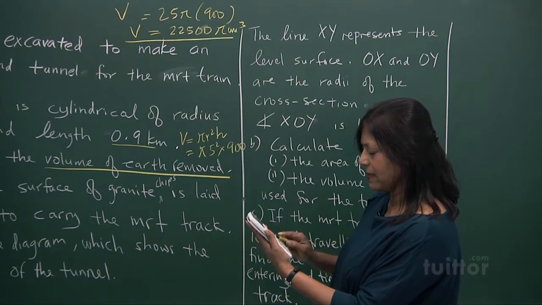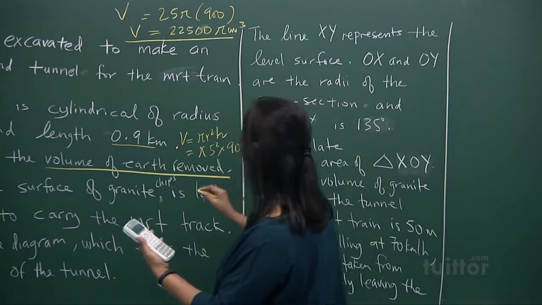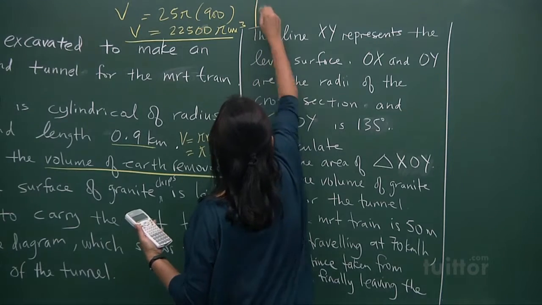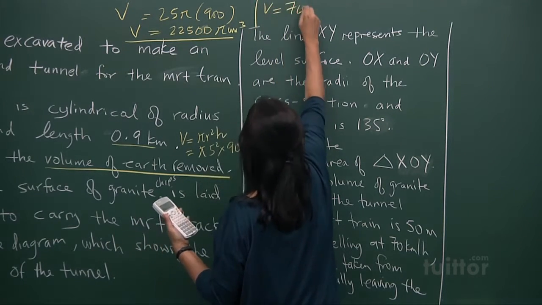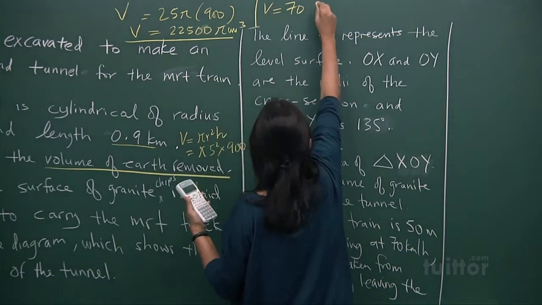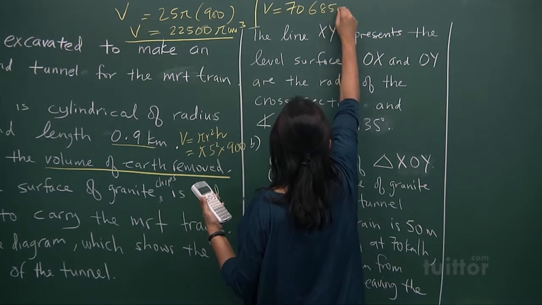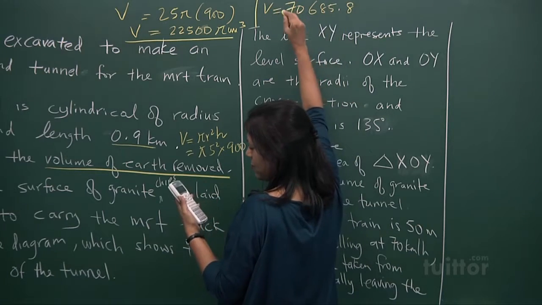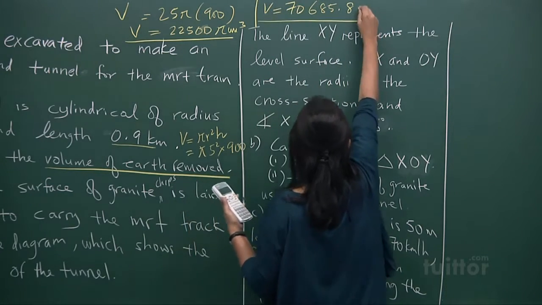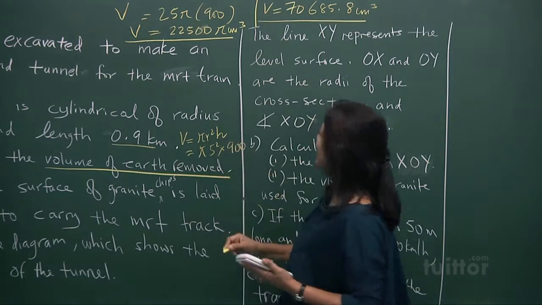And you get the answer as 70,685.83 cm cube. That's the volume of earth dug out.